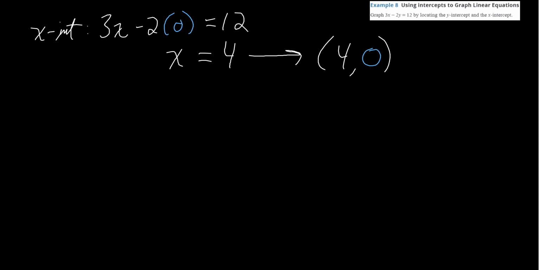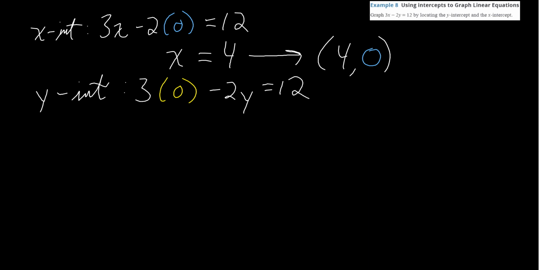My y-intercept: I set x equal to 0. So I've got 3 times 0 minus 2y is equal to 12. I end up with negative 2y is equal to 12. I divide both sides by negative 2, so I have y is equal to negative 6.